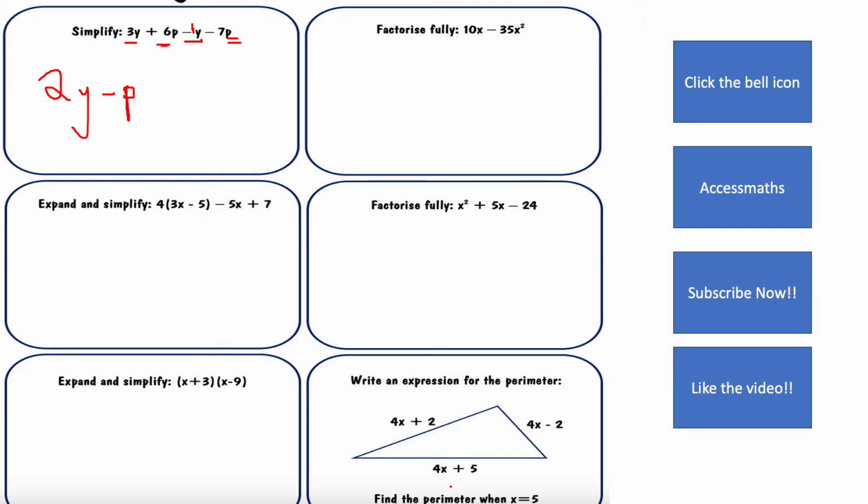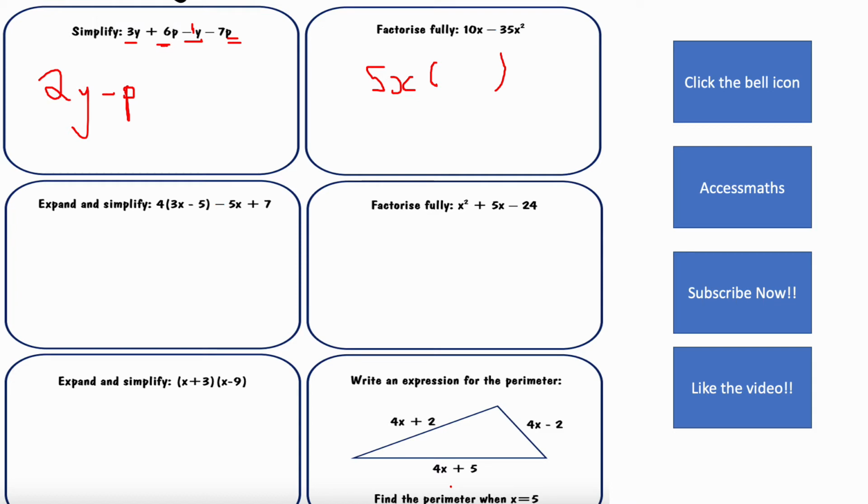Question 2, guys. Factorize fully this expression here, 10x minus 35x squared. We've got to work out what the highest common factor is. So the common factor with x and x squared is going to be x, and then I'm going to have an open bracket here, so it's going to be a single bracket. The highest common factor of 10 and 35 is equal to 5.